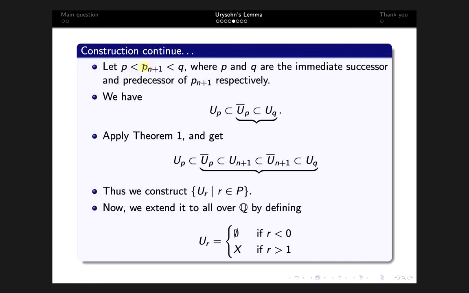Okay, so note that P is less than Q. Therefore U_P closure is contained in U_Q. Okay, so U_P closure is contained in U_Q.